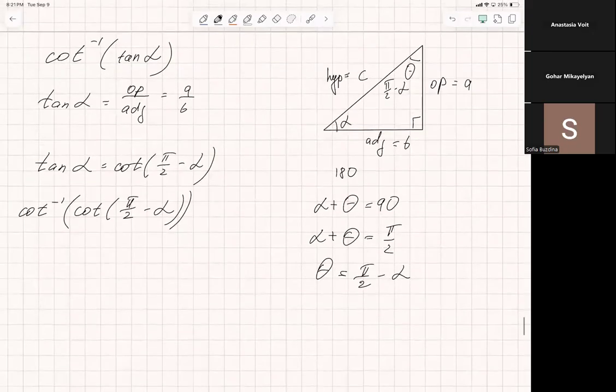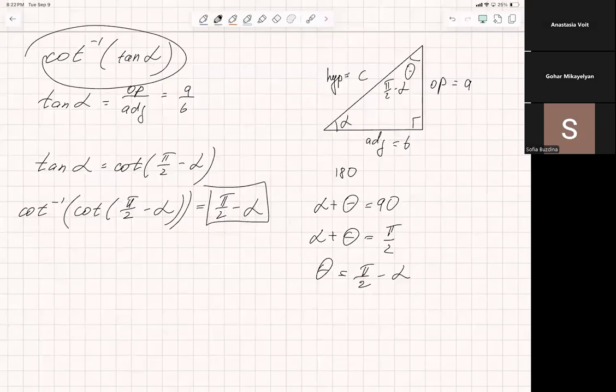Now remember that when we have cotangent inverse of cotangent, or any inverse of that same function, that would be just the argument. So that would be equal to pi over 2 minus alpha. That would be your answer for this problem.